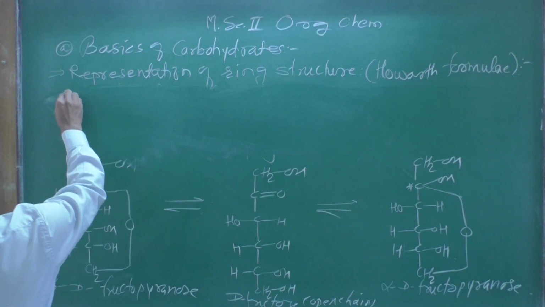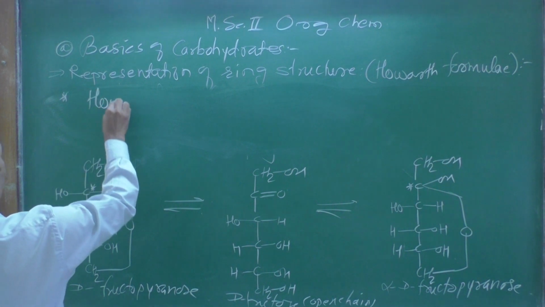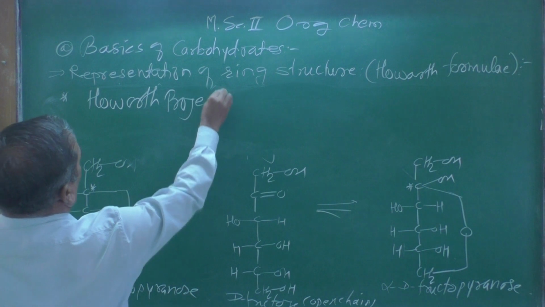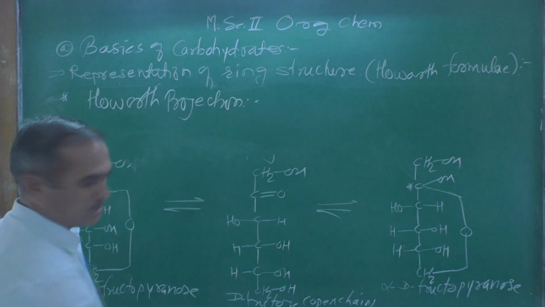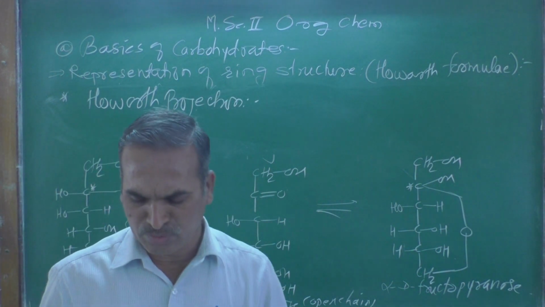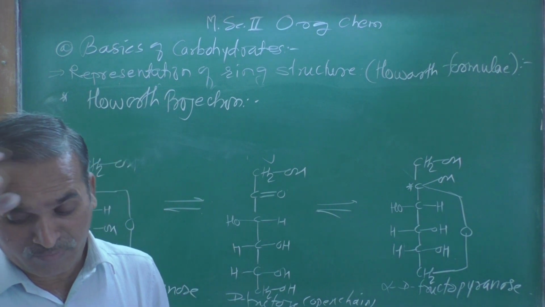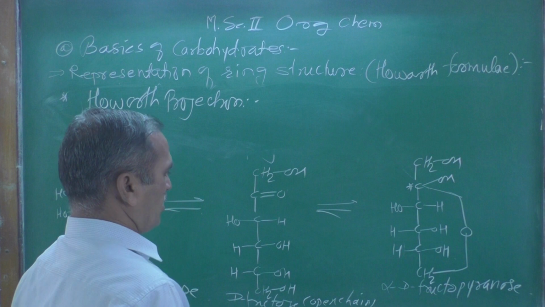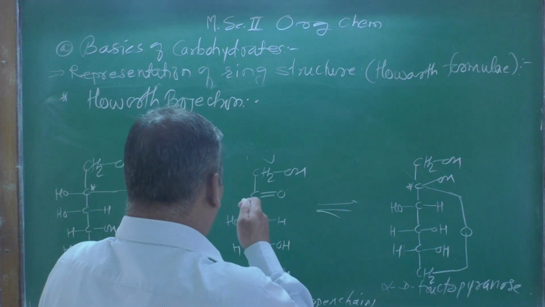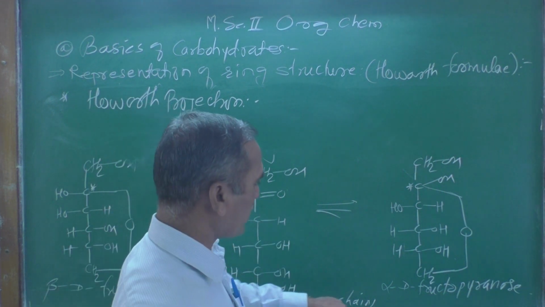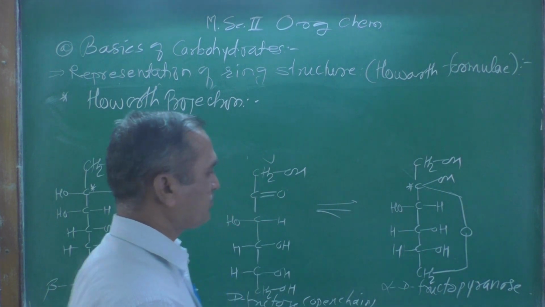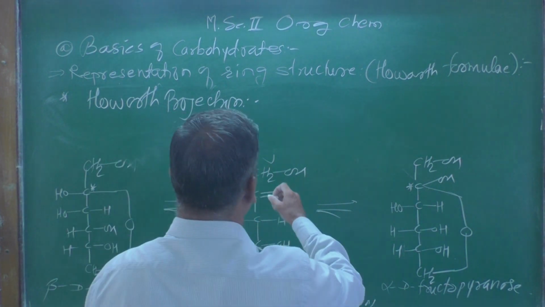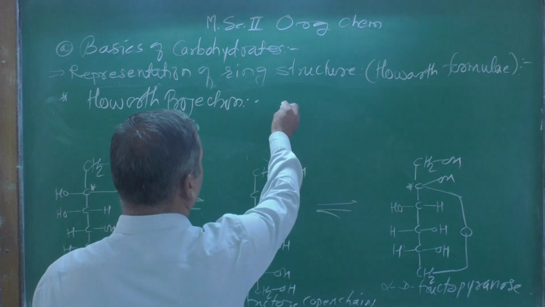How will we consider this as a Haworth projection, alpha D fructopyranose, which we just saw over here. This we can know as a 6-membered ring.